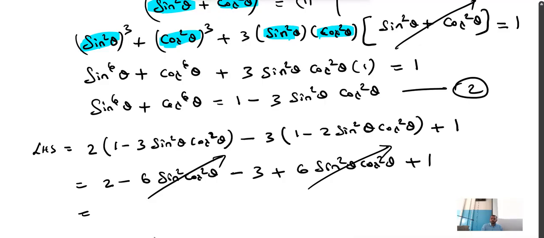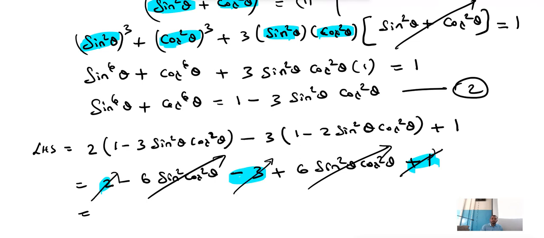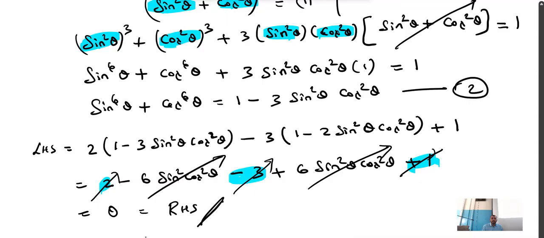Now can you see this? 2 plus 1 is 3, minus 3 is 0. This answer is 0. That is equals to RHS. Hence proved. We have proved that LHS is equals to RHS. Isn't it? Yes. Very good.